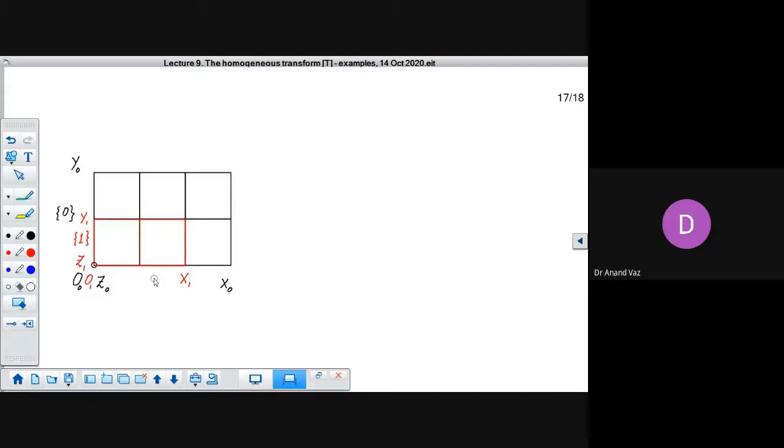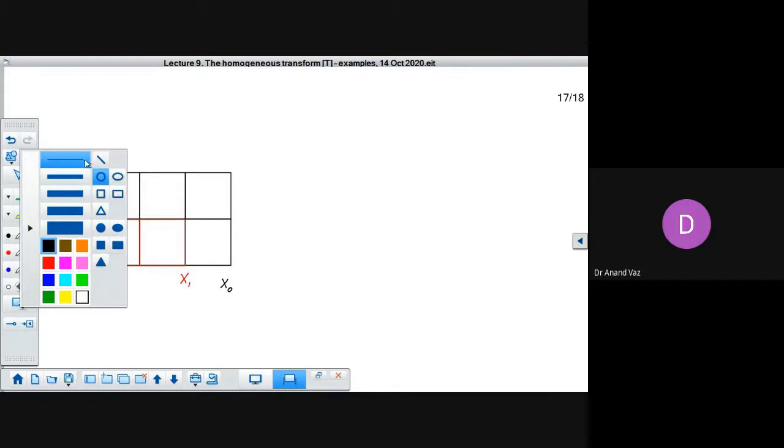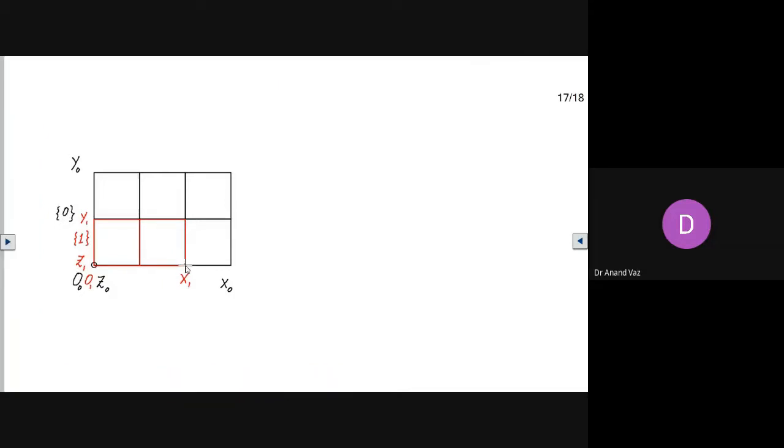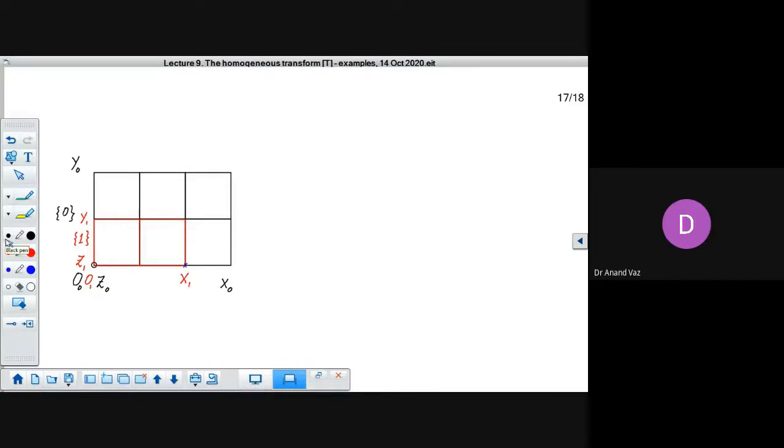In fact, to make it simple, let us take just a simple point, which is located here, so indicating it in this manner, and the vector that is representing the position of this point.